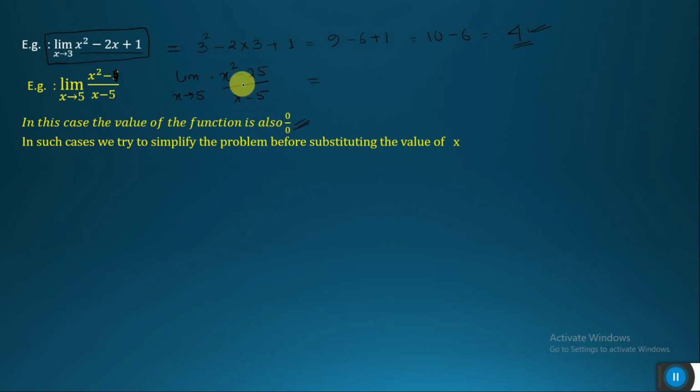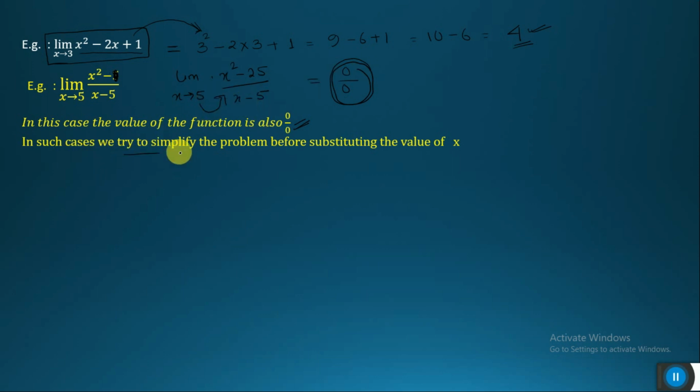If you try putting 5 directly here, you will get 25 minus 25, that is 0 by 0. Whenever you come across a situation like this, you will not substitute the value directly. In the previous example you don't have a situation like 0 by 0, so you can directly substitute. But here you have the 0 by 0 form, so you will not substitute directly.